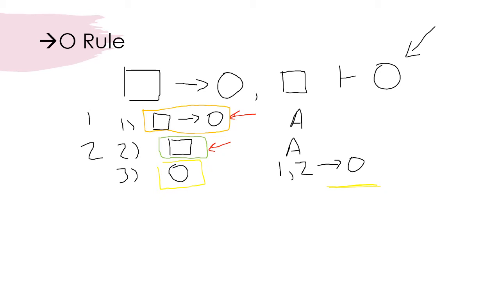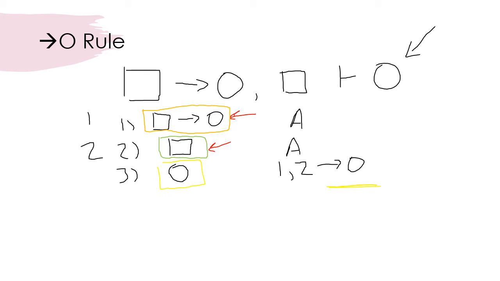I'm going to refer to these things as pieces, the things that are circled or squared or boxed in orange and green. Those are our pieces. And once we have those two pieces, we can derive our conclusion from them. And what we're going to do is we're going to cite the line numbers in which they come from. Here it's 1 and 2.